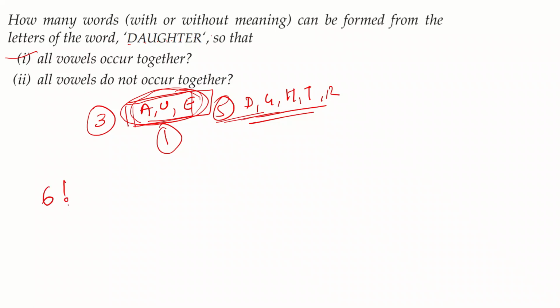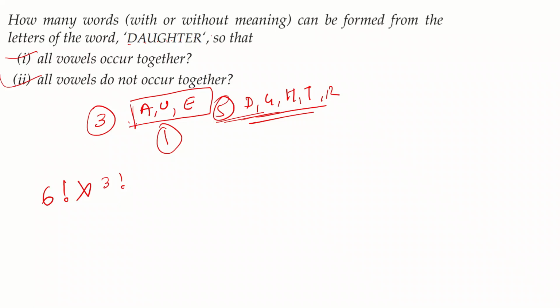So we can permute them in 6 factorial ways, but remember that these 3 vowels can also be arranged among themselves in 3 factorial ways. For each of these possibilities, the vowels can rearrange among themselves. So there are 6 factorial times 3 factorial permutations in which the vowels are always together. Now the second question asks us for the cases where all the vowels do not occur together.